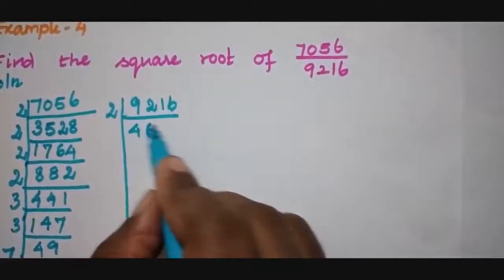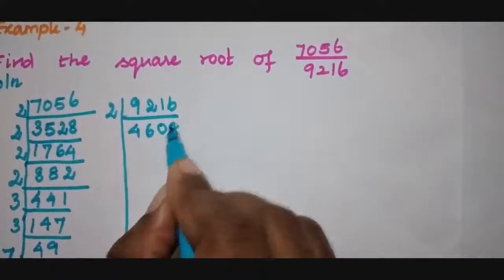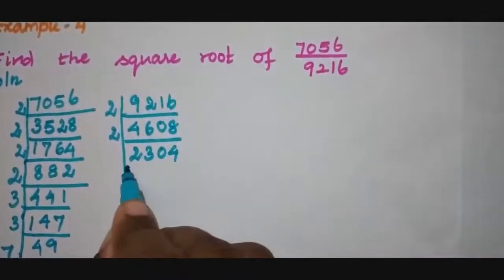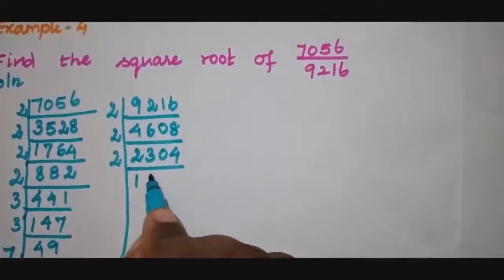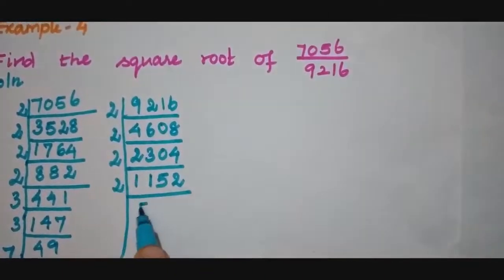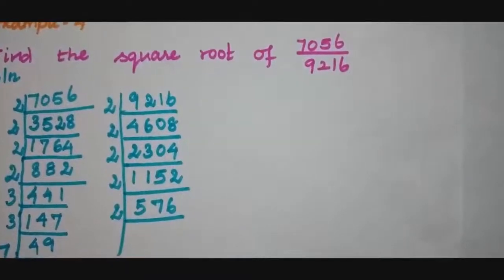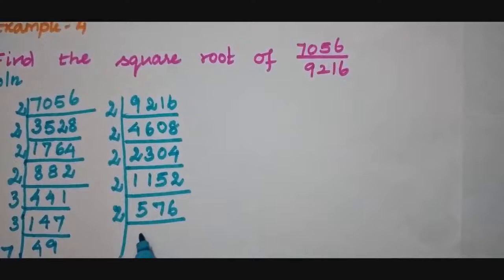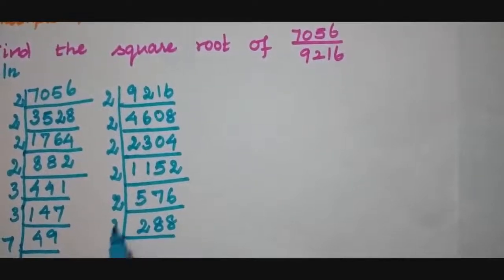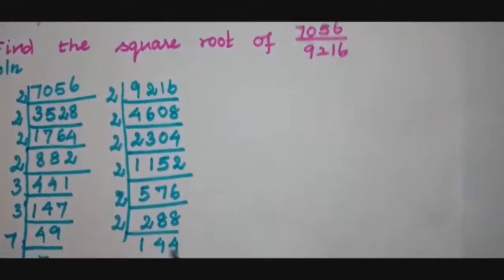So 1 is not divisible by 2 tables, so you put 0 here and take the number 16. 8 2's are 16. 2 2's are 4, 3 2's are 6, 0, 4 2's are 8. 1 2 is 2, 1 2 is 2, remaining 1, 5 2's are 10, 2 2's are 4. 5 2's are 10, remaining 1, 7 2's are 14, remaining 1, 6 2's are 12. 2 2's are 4, remaining 1, 8 2's are 16, remaining 1, 8 2's are 16. 1 2 is 2, 4 2's are 8, 4 2's are 8. 2, 7 2's are 14, 2 2's are 4.